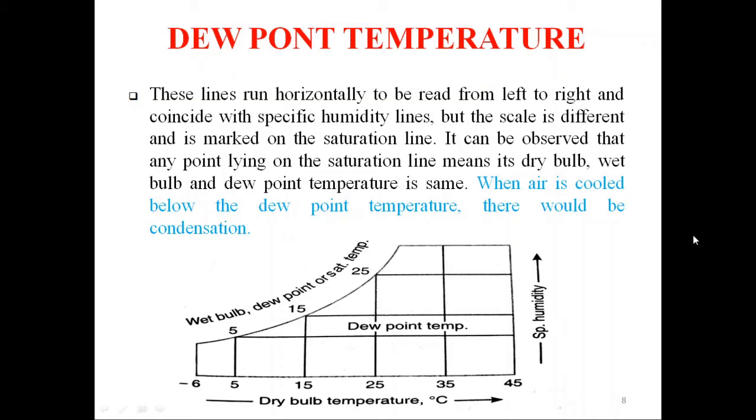It can be observed that any point lying on the saturation line means the dry bulb, wet bulb, and dew point temperature are the same. So if we have any point on this saturation curve, suppose this is our point, at this point the value of dew point temperature is 25, the value of dry bulb temperature is 25, and the value of wet bulb temperature is also 25, and the value of relative humidity on the saturation curve is 100%.